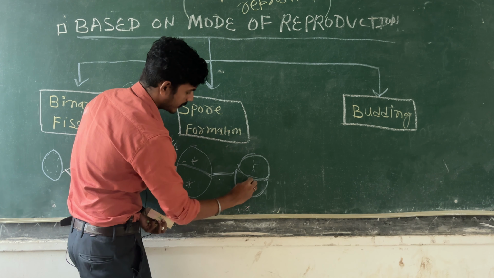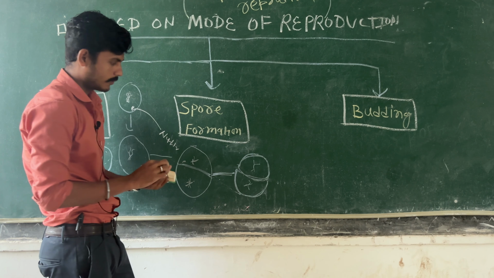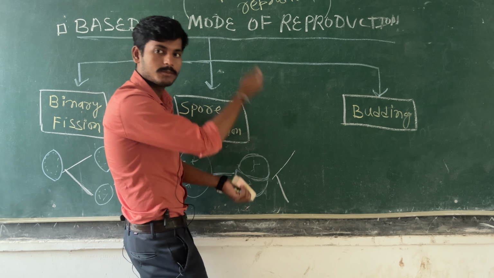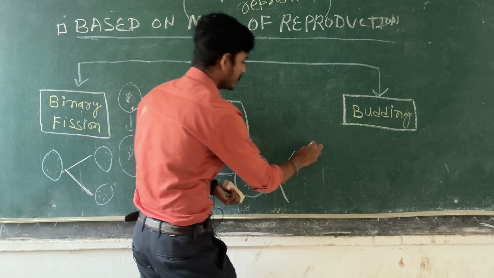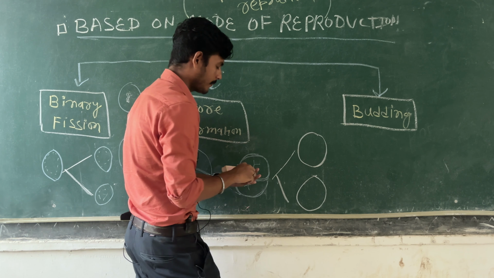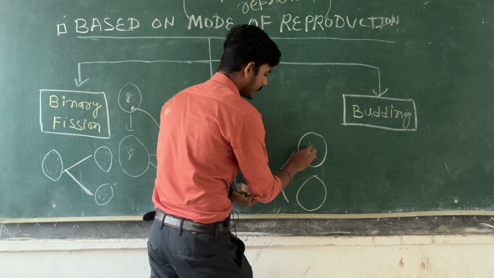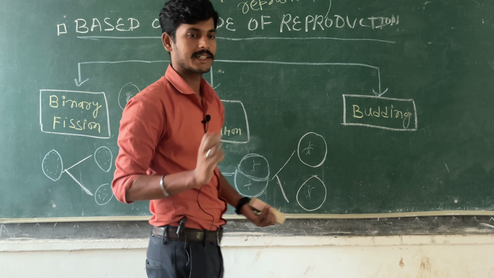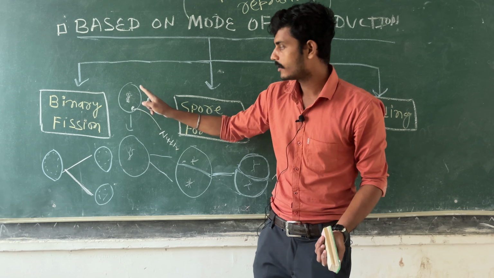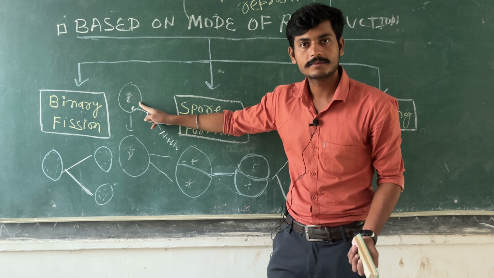So this is the genetic material. Now, finally, it will detach, one body separate, one body separate. And now it has become two bacteria, each with their genetic material. Clear? This is what binary fission is. First, bacteria get the nutrition.